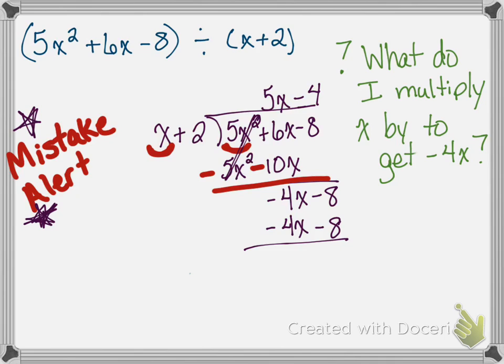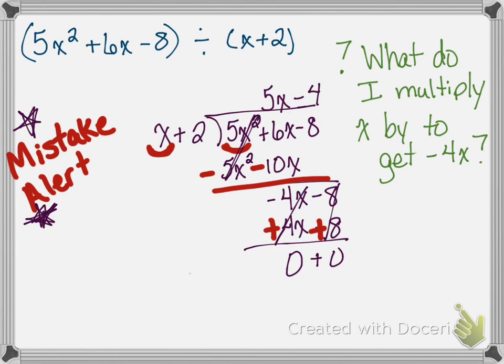And when we subtract a negative, that gets changed to a positive. And don't forget that you have to do that for both of the terms in there. And then negative 4x and 4x cancel, and we're left with 0, which is exactly what we want. And then we have negative 8 and positive 8. That also gives us 0.